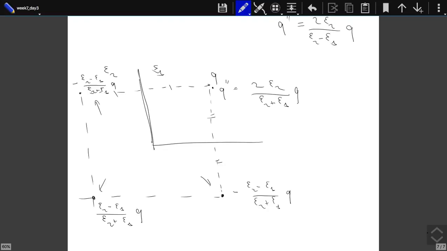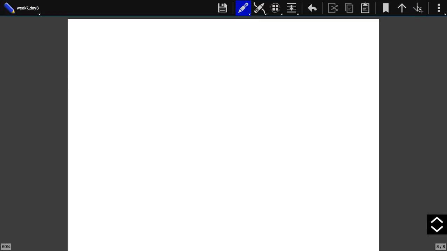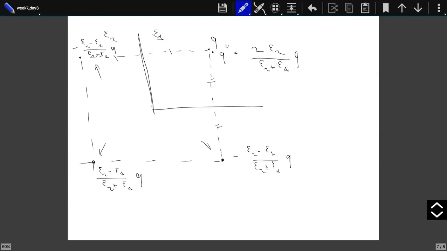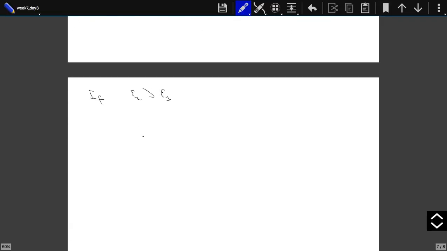Now, let's look at a couple of cases. What happens if epsilon 2 is larger than epsilon 1? Well, it's almost a conductor, not exactly a conductor. You see, we have this image charge over here, which we called Q4.